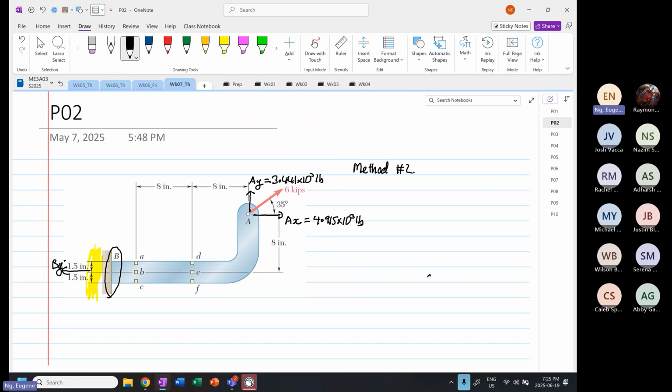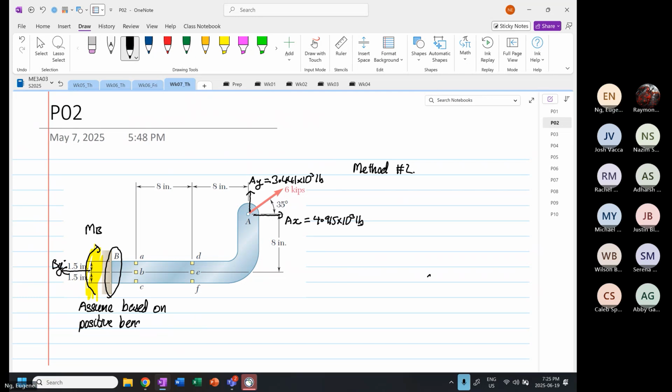We always assume moment at point B is in this direction. Okay, this is assumed based on positive shear and positive bending moment.